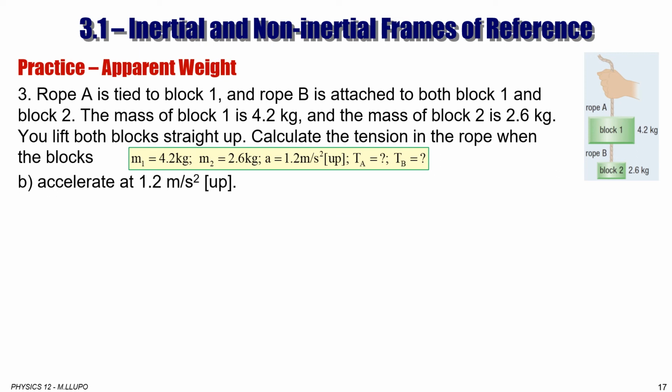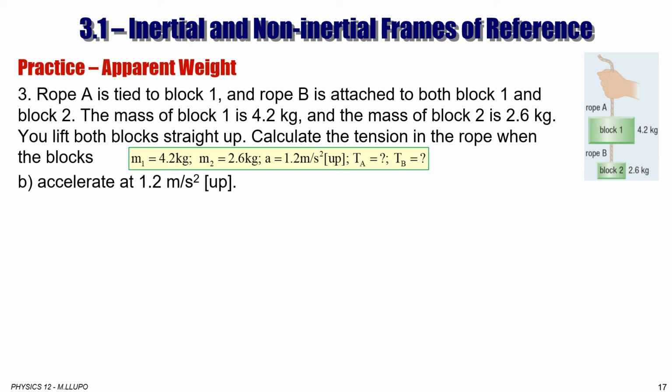Okay, B, when blocks accelerate at 1.2 meter per second square up. This is a little bit more challenging because now we have a second Newton law we have to apply because acceleration is not 0. Acceleration is 1.2 meter per second square up, and up is positive, so that means 1.2 is going to be positive.